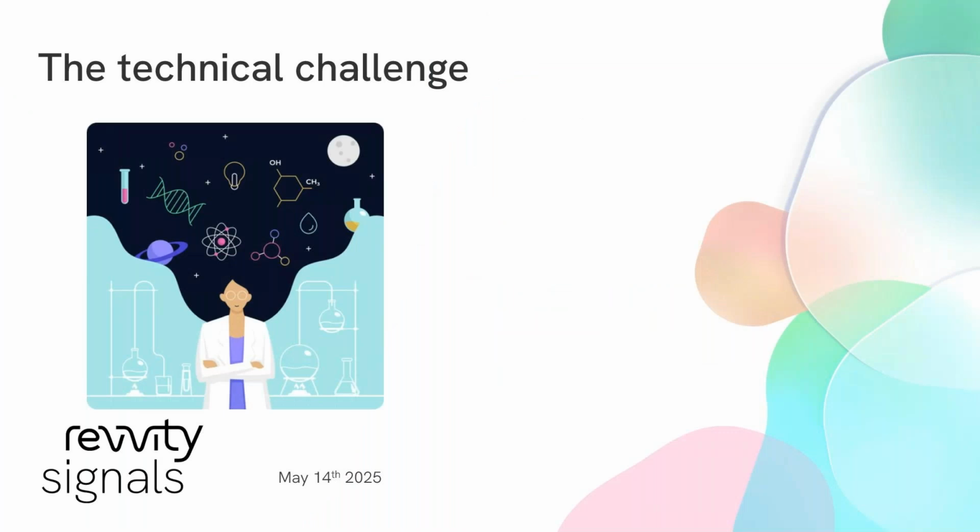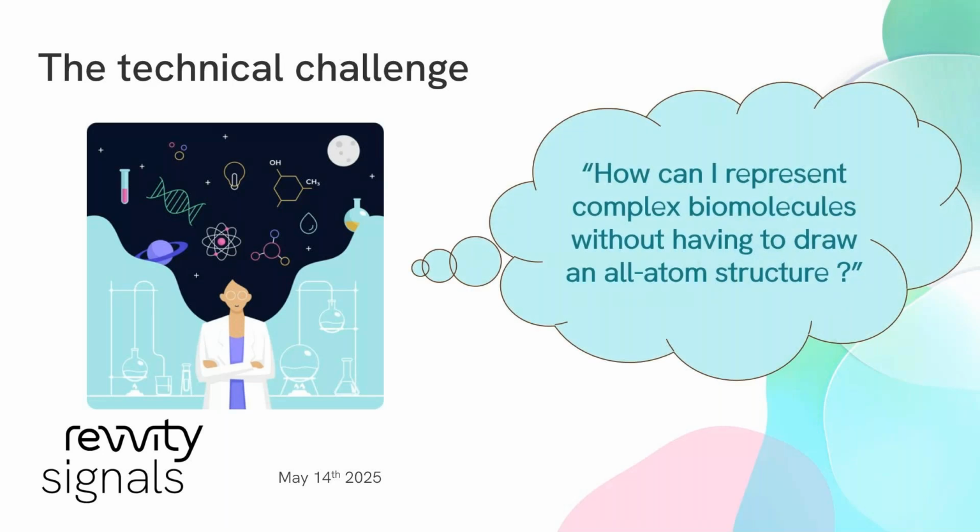So what was the technical challenge that people wanted to tackle with this particular HELM standard? Imagine you're a chemist working with such complex biomolecules, and you would ask typically, whenever you want to represent it, report it, or register it as a molecule, as a compound: how can I represent this complex biomolecule without having to draw an all atom structure?